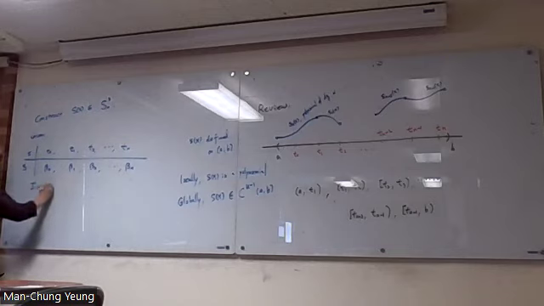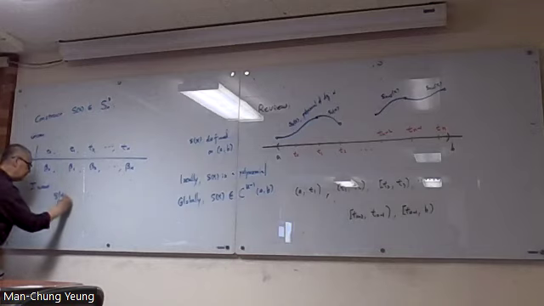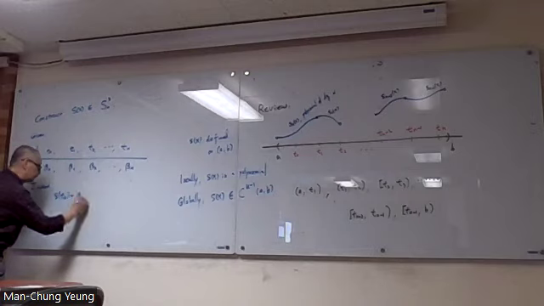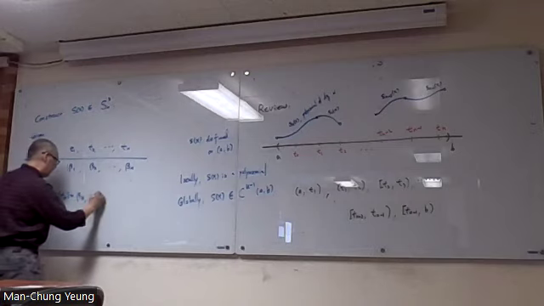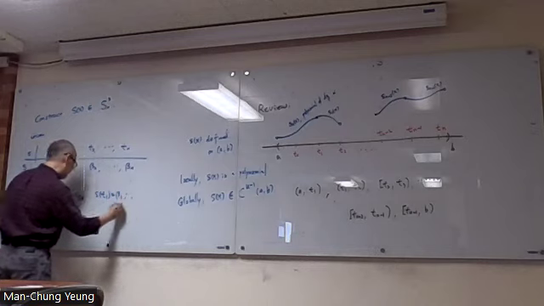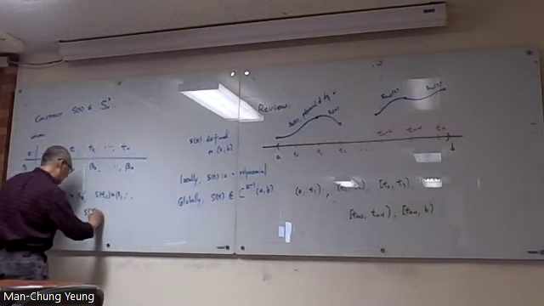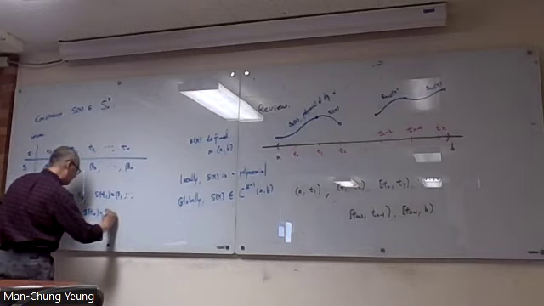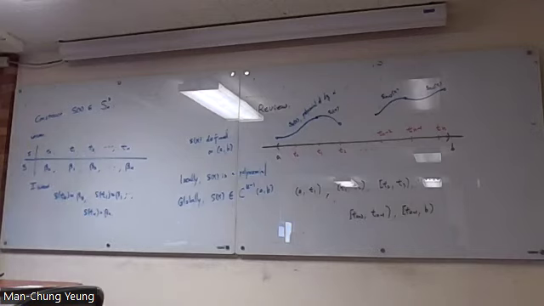What I want is: S at T0 is beta 0, S at T1 is beta 1, and so on, S at Tn is beta n. I want to construct such an S so that these equations hold.